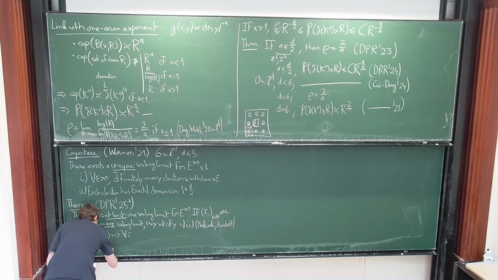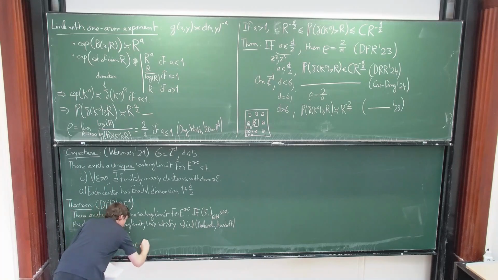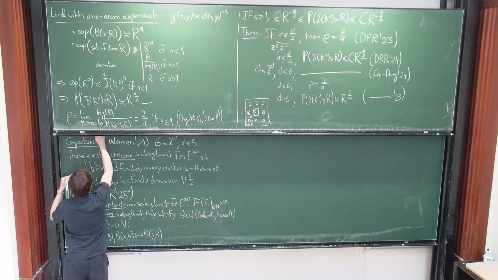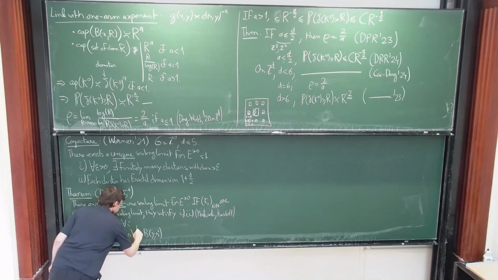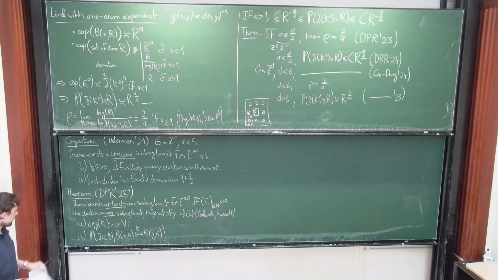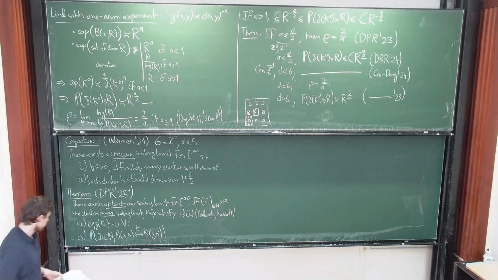But you can look at the probability, instead of connecting 2 points, you can look at the probability to connect 2 balls. Okay? So if you look at the probability to connect 2 balls by one of your clusters in the scaling limit, this is just the probability that they are connected in the scaling limit.